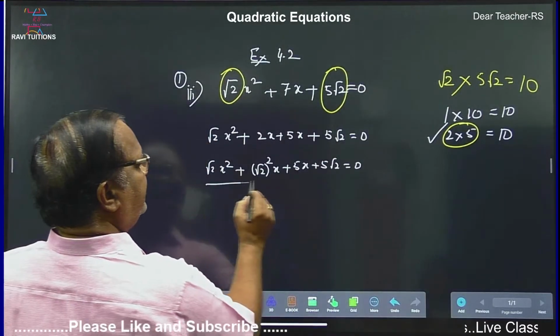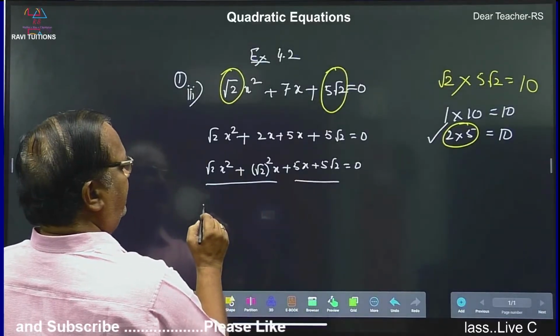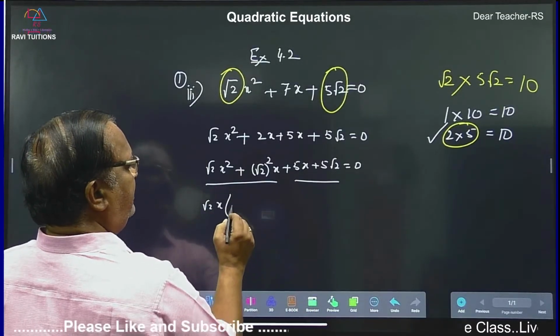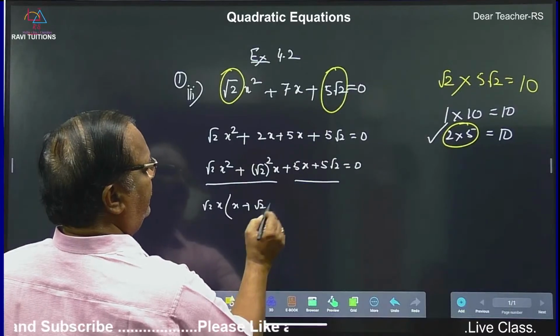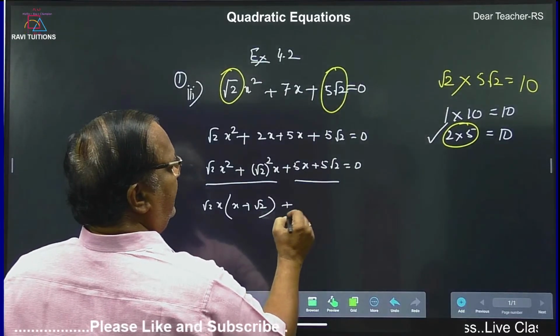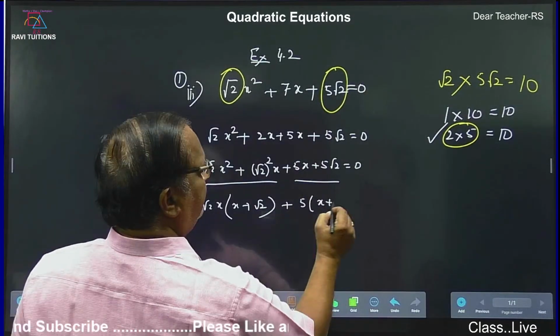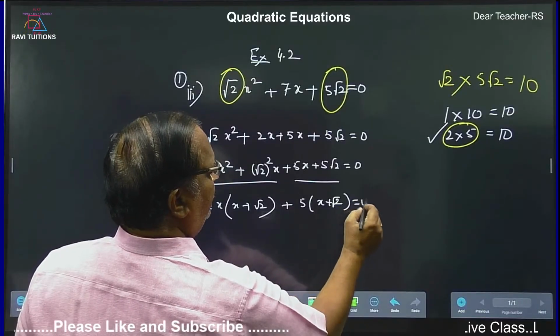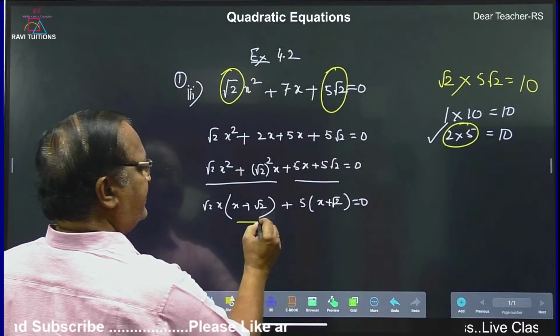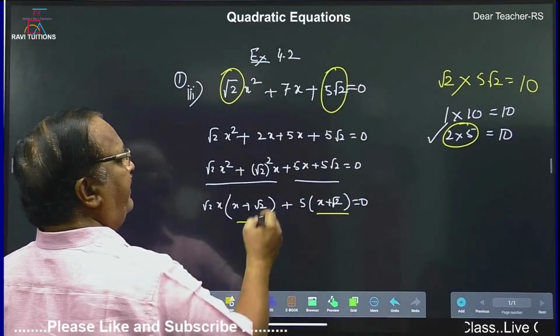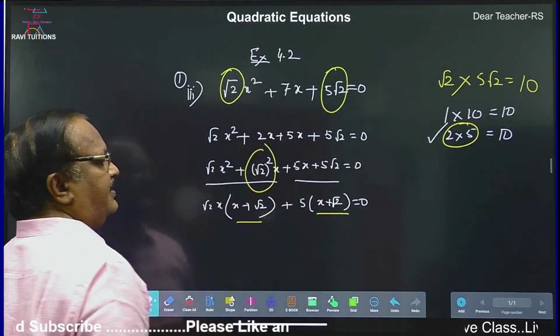Now, from the first two terms, √2x I will take common: x + √2. In the last two terms I will take 5 common: x + √2. See, you got the same factor. To get this same factor, I have written like this.